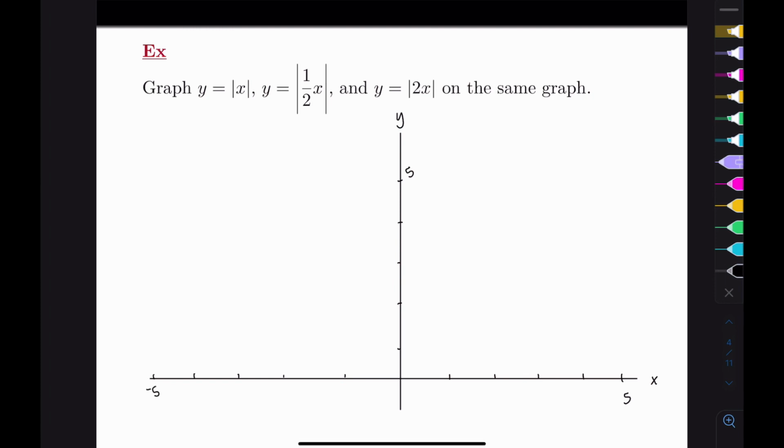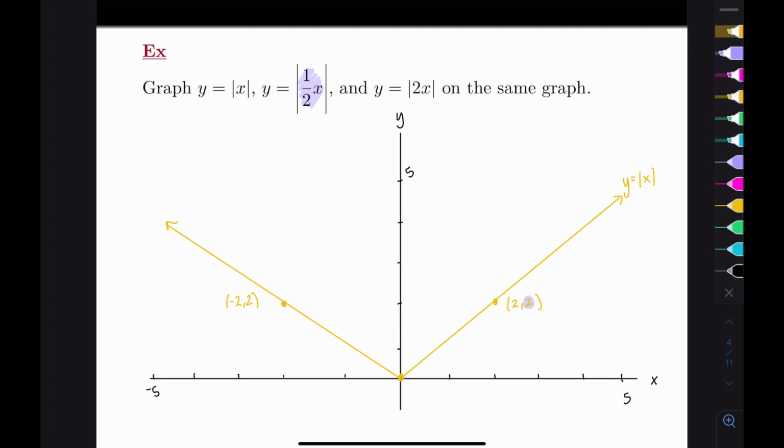And we'll start by graphing our normal absolute value function, which goes through 0, 0. And again, I'm going to keep track of this point at 2, 2 for all of them. And then it goes through -2, +2 as well. Okay. And so for this first function, when I have 1/2 x on the inside, again, I want to see what x do I need to plug in to give me a y value of 2.